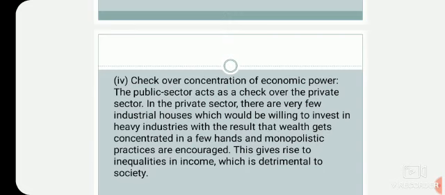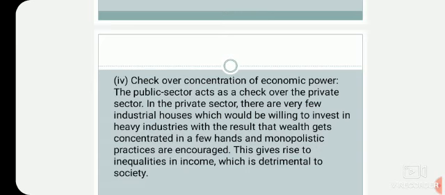The public sector is able to set up large industries which require heavy investment, and thus income and benefits that accrue are shared by a large number of employees and workers. So this prevents concentration of wealth and economic power in the hands of the private sector.